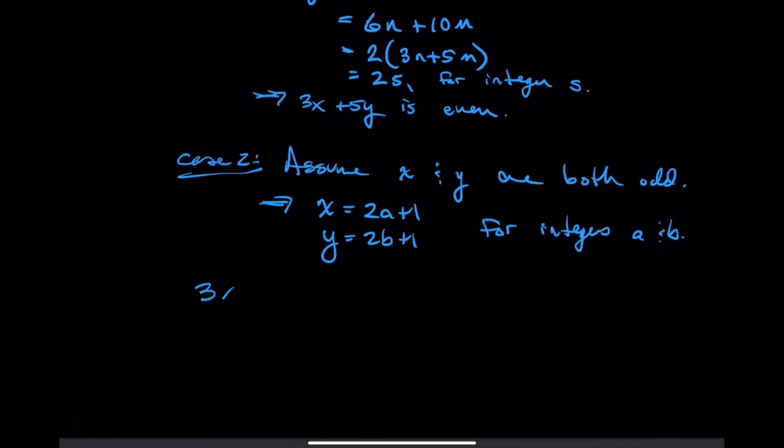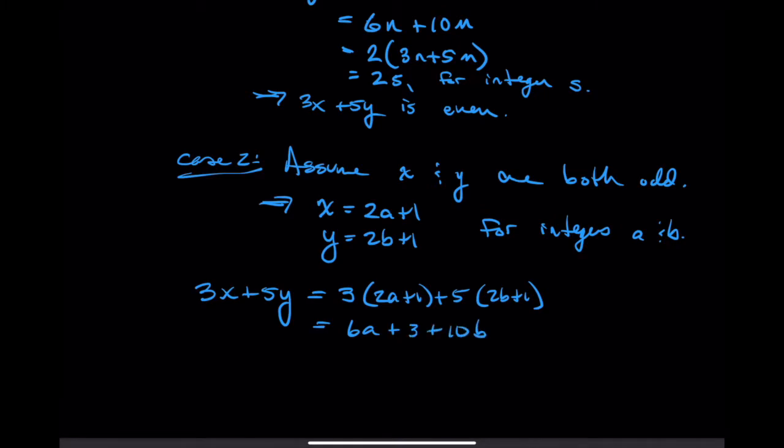So what we have here is 3x plus 5y is the same thing as 3 times (2a plus 1) plus 5 times (2b plus 1). And so we're going to have 6a plus 3 plus 10b plus 5, which is going to be 6a plus 10b plus 8. And we can factor out the 2, and we're done the backward direction at this point.